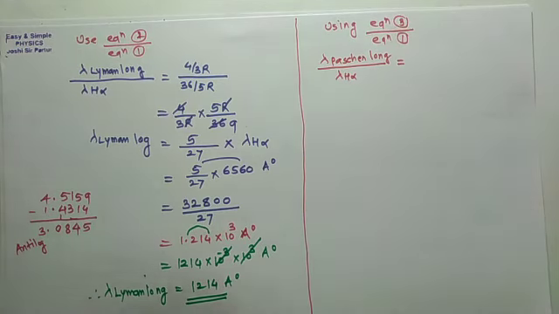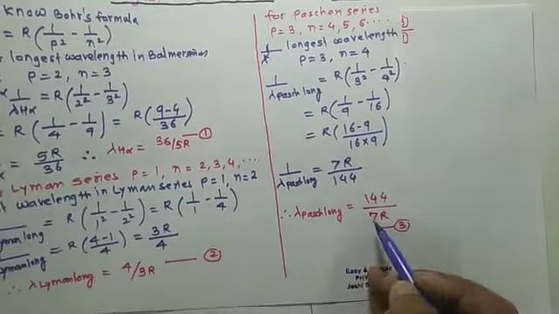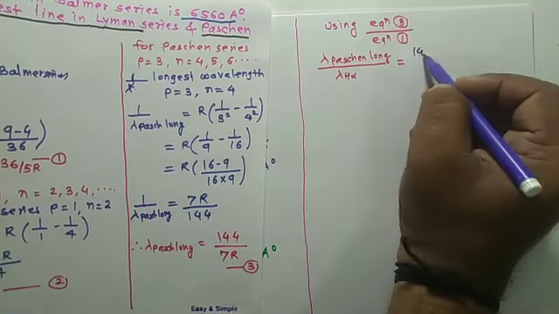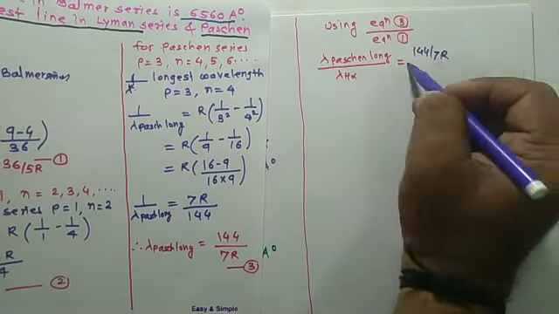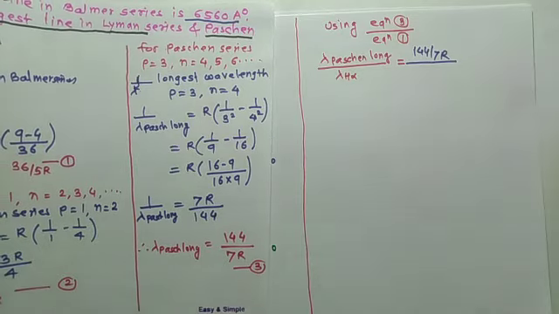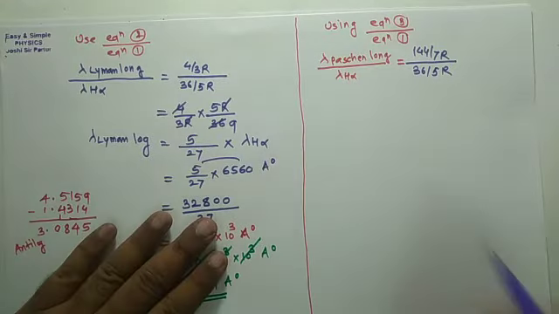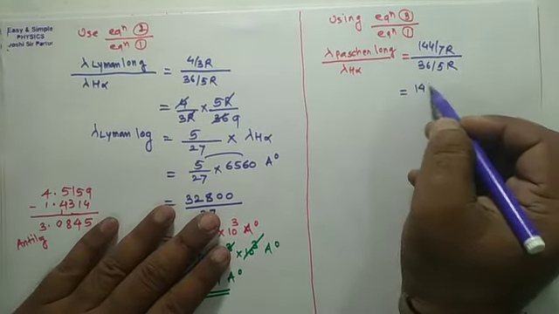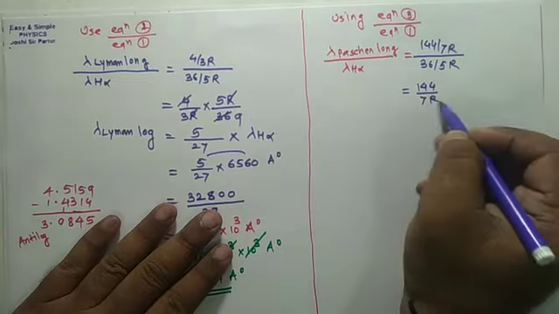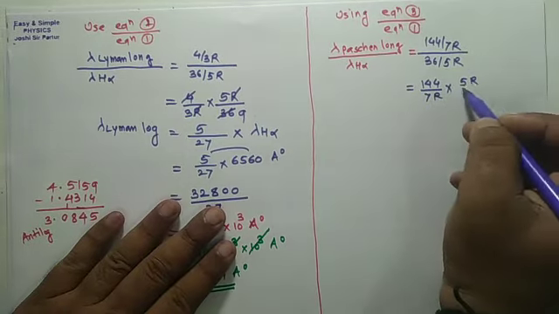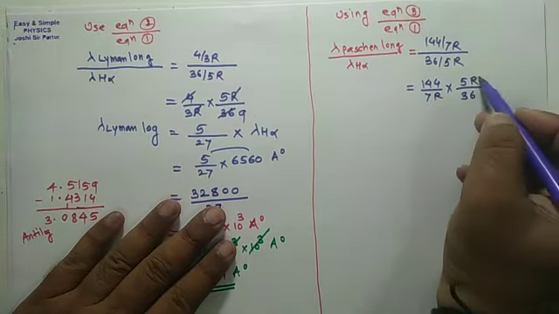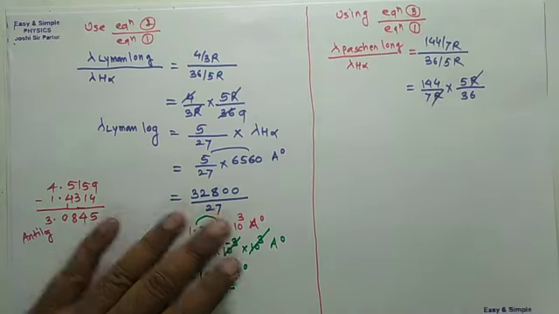So in Paschen series it will be 144 upon 7R divided by, for H alpha, 36 divided by 5R. So it can be written as 144 divided by 7R multiplied by 5R upon 36. R and R get cancelled.